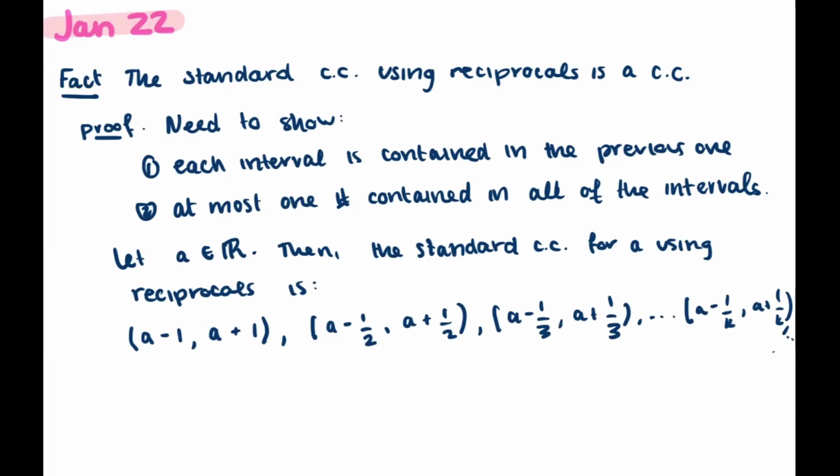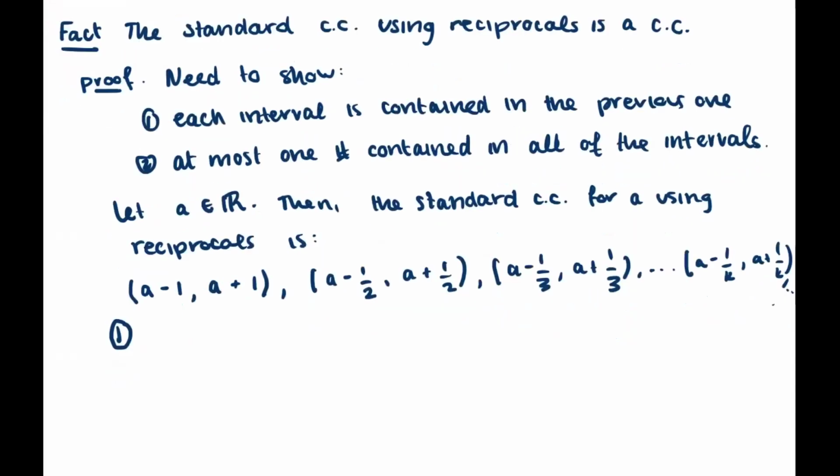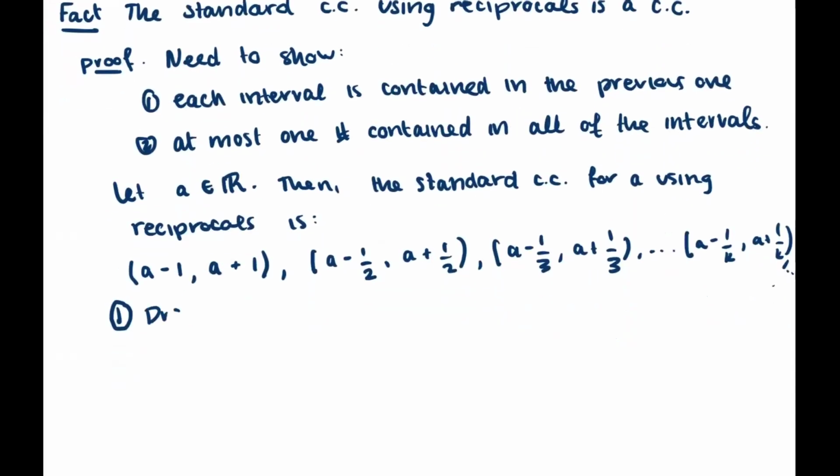So we just need to prove these two properties. For the first one, why is each interval contained in the previous one? I'm going to draw a picture for this. So here's my real number line, and somewhere on here I have a.